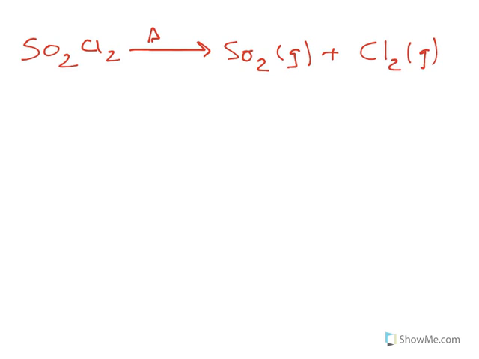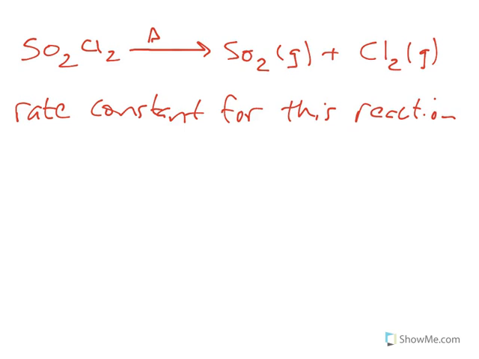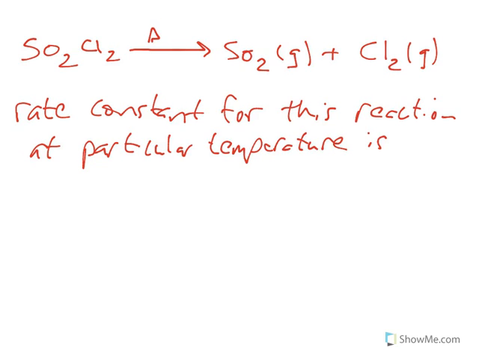So what we can do is we've got a rate constant for this reaction at a particular temperature, which is 2.9 times 10 to the minus 4 inverse seconds. So the inverse seconds tells us we're definitely dealing with a first order reaction.